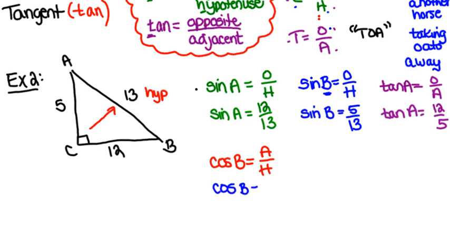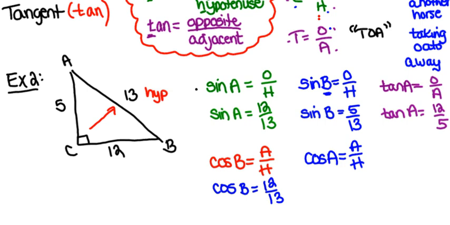If I wanted to find the cosine of angle A, cosine, remember, is adjacent over hypotenuse.